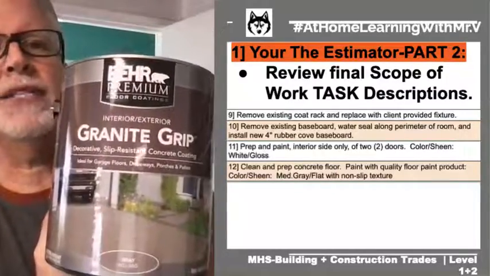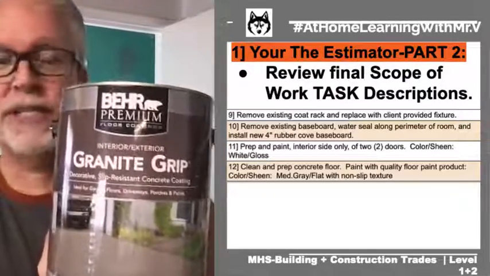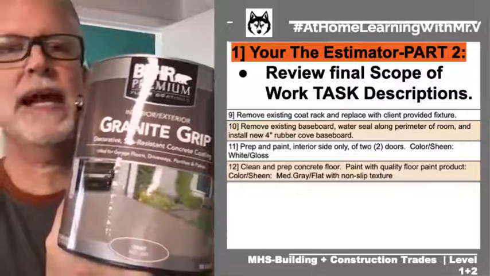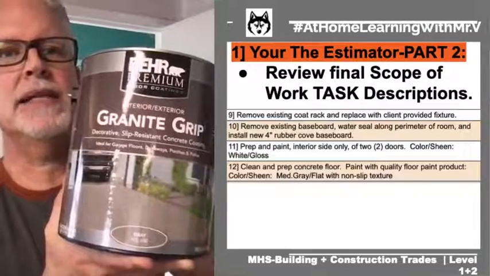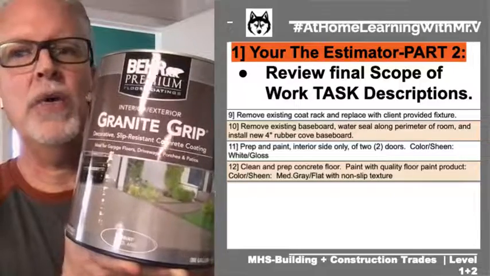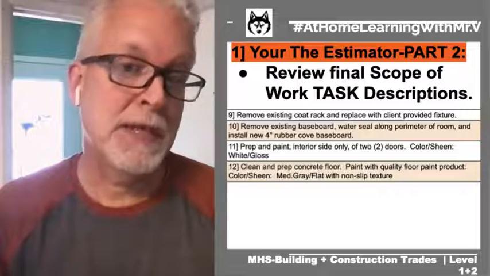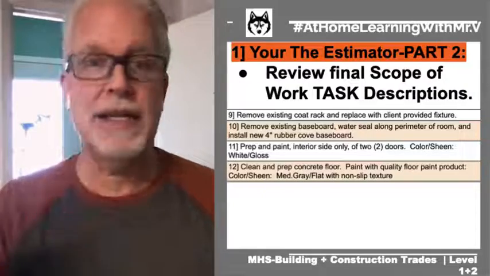And then we've got interior or exterior, super good. Our particular floor is interior, but if we had to do outside, good. And then it says decorative slip resistant concrete coating. Aha. I put in non-slip. It's the same thing, slip resistant, non-slip texture.